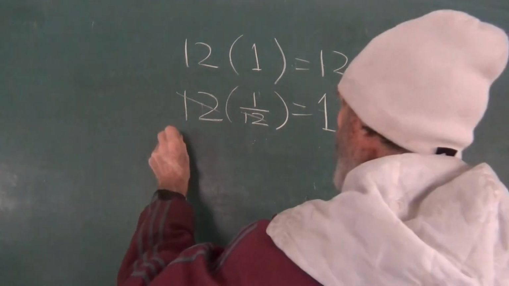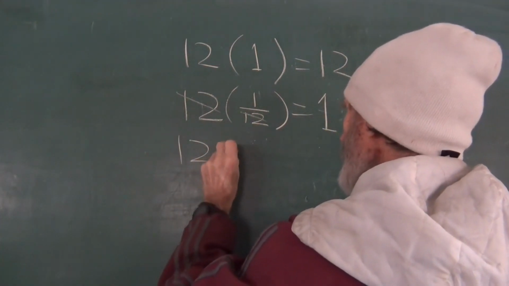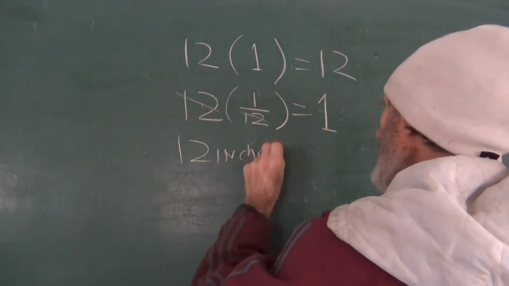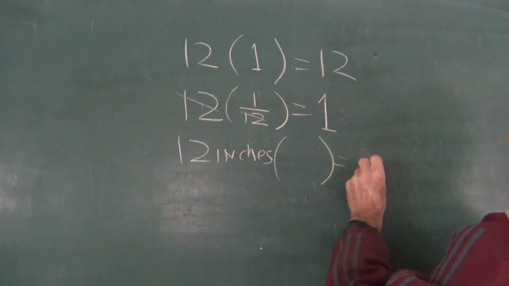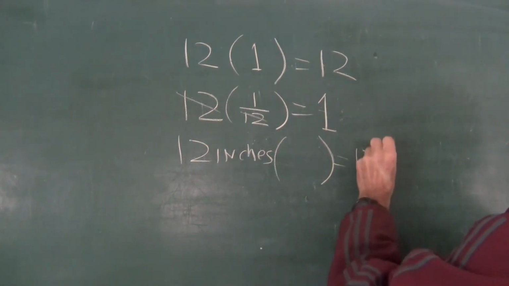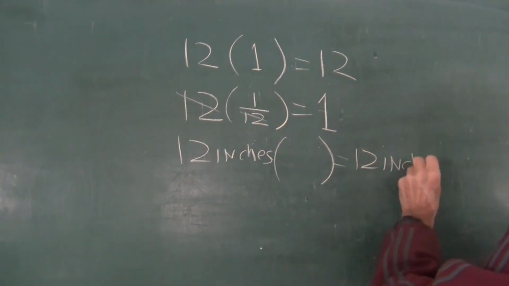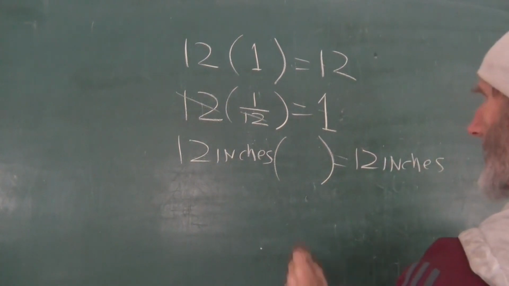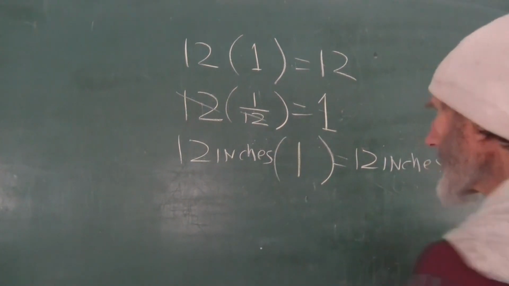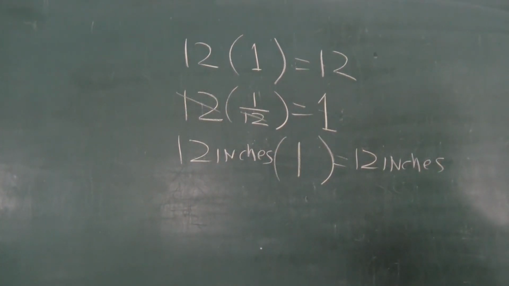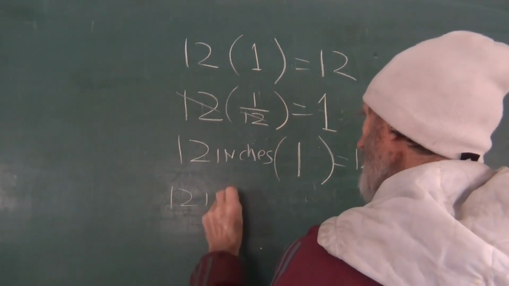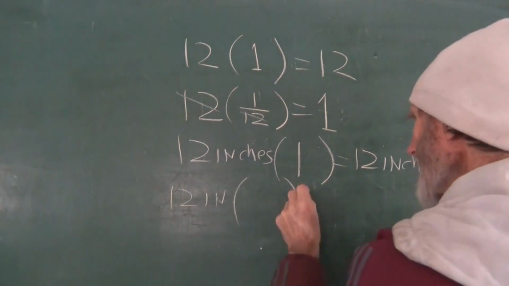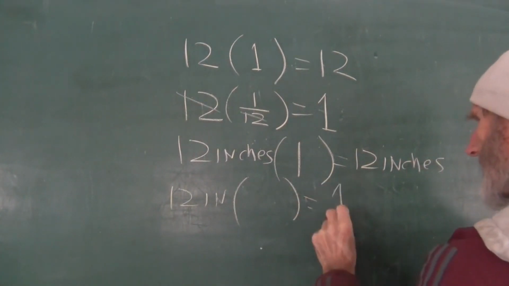Now, what if we had 12 inches times something equals 12 inches? Well, duh, you just put a 1 in there, right? But how about this? 12 inches times something equals 1.